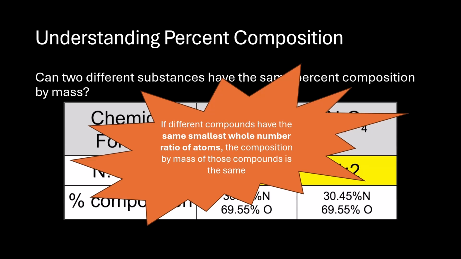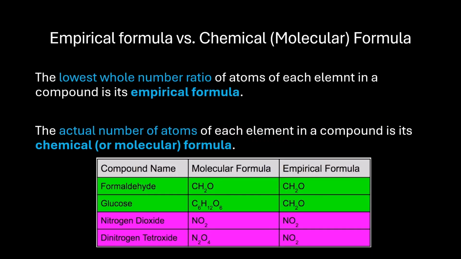So again, make sure you understand this. If different compounds have the same smallest whole number ratio of atoms, the composition by mass of those compounds is going to be the same. So now let's talk about the 2 vocabulary words that we've been indirectly talking about.